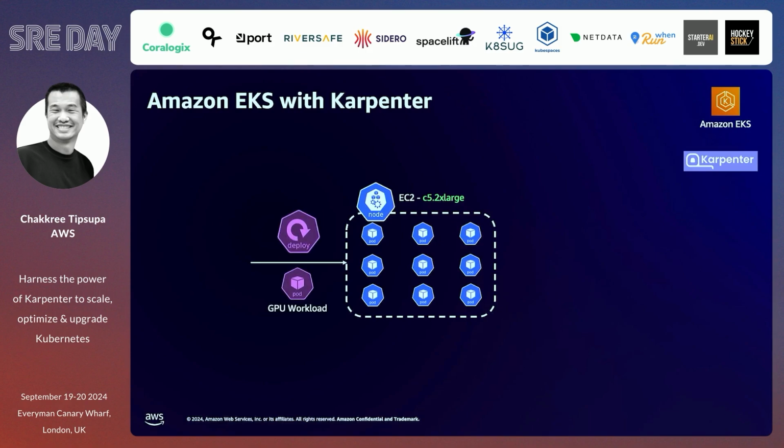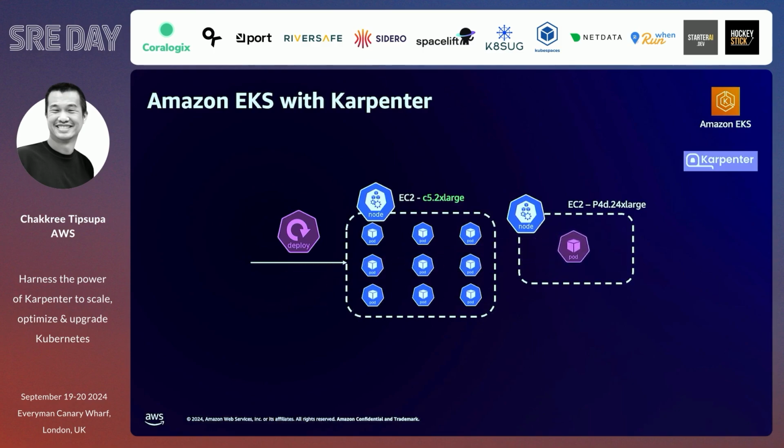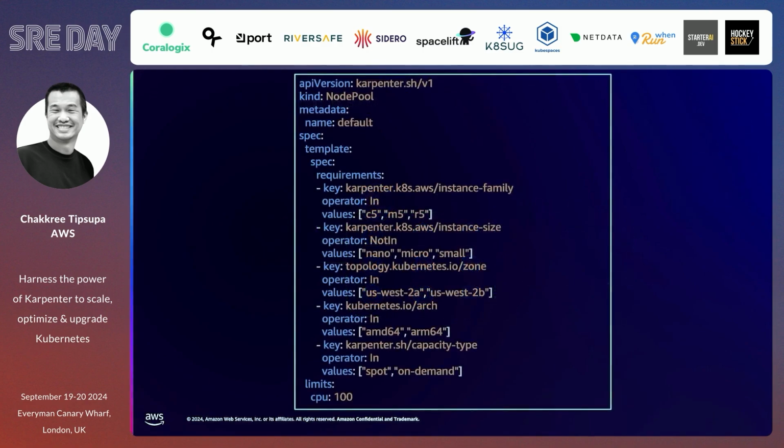When the GPU workload comes, it will just spin up a new instance of another type that can be used to schedule the pods for you. Problem 1 solved. And this is actually the key configuration that you can do with the node pool. There are a lot of parameters you can set with the node pool, but these are the key ones.